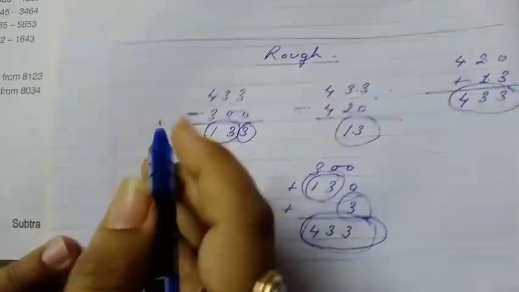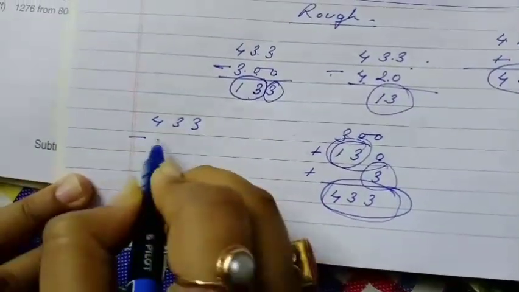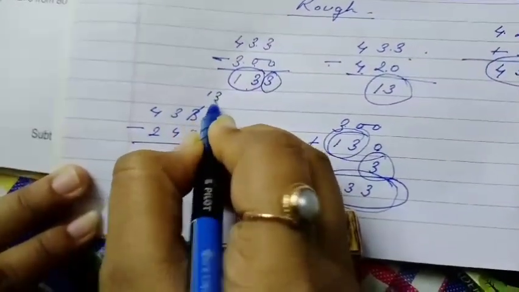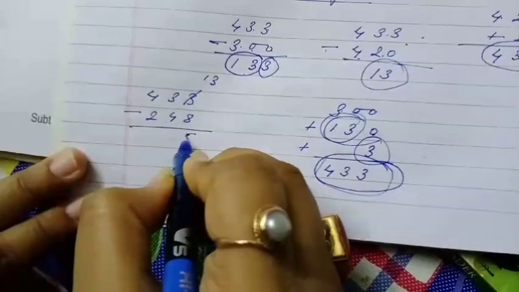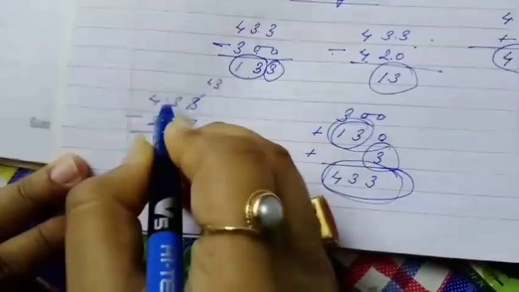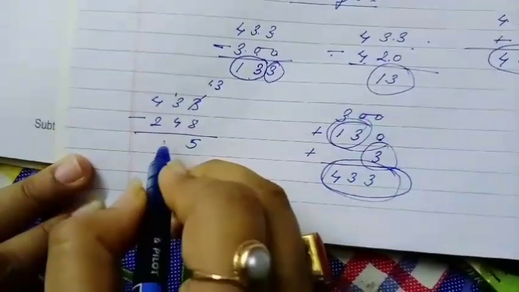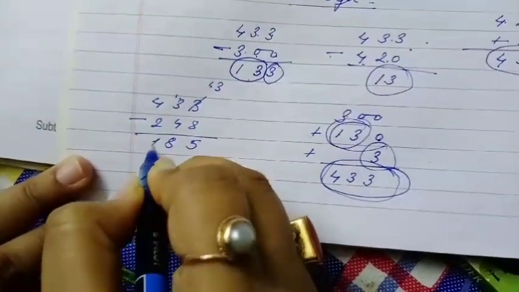You can see the subtraction I am doing here. 433 minus 248. 13 after 8, 9, 10, 11, 12, 13. 5. 4 plus 1, 5. 6, 7, 8, 9, 10, 11, 12, 13. 8. 2 plus 1, 3. 4 minus 3, 1. 185. The answer will be 185.